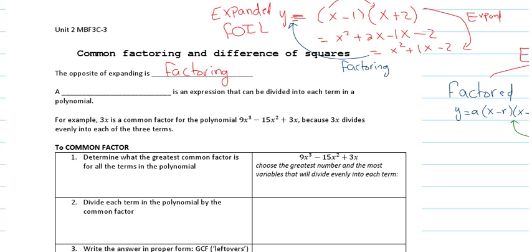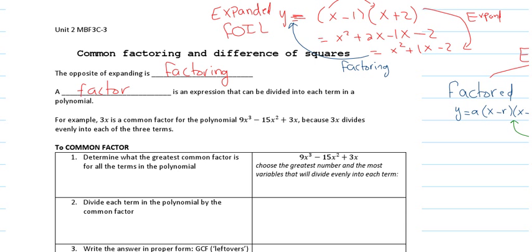The first thing you're always going to ask yourself is, do I have a common factor? A common factor is a factor that you can divide each term by. This is your trinomial here. Tri means 3, so there are 3 terms.